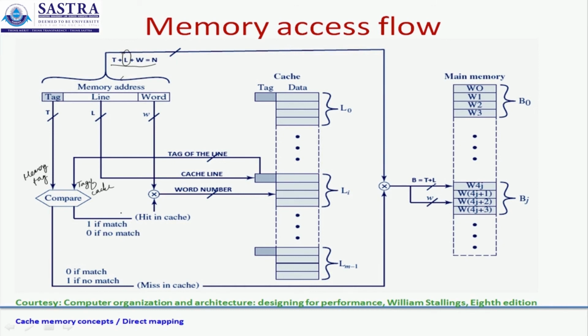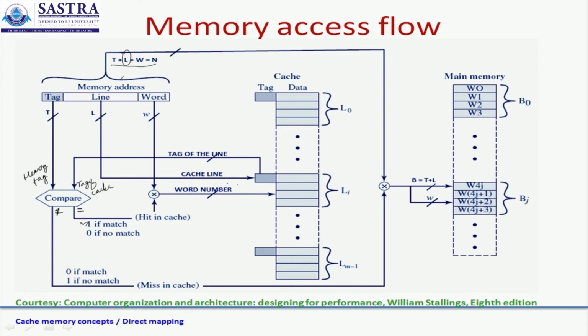The memory address is divided into tag field, line field, word field, right? This tag is going to be compared with this tag. If both are equal, the output is 1, that indicates a hit. If 0, then it is no match.